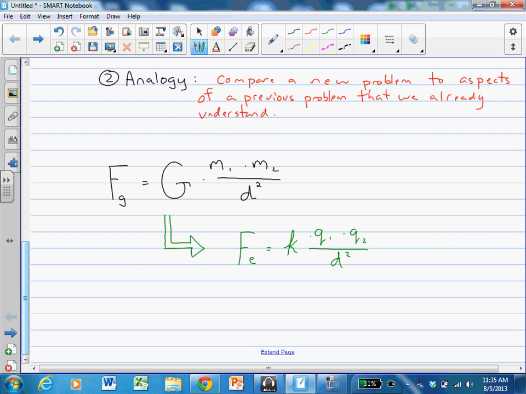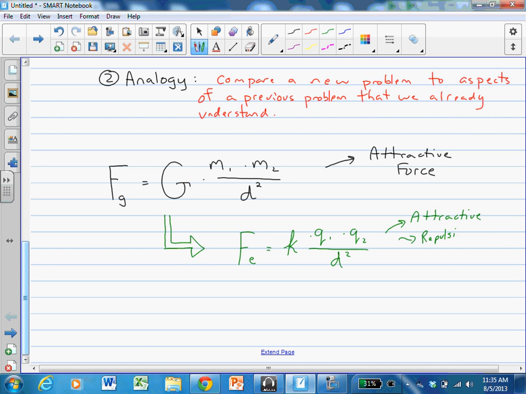There are differences among these as well. The gravitational one here is all an attractive force, meaning towards each other. But the electrical force can be either attractive or repulsive, depending on the charges.